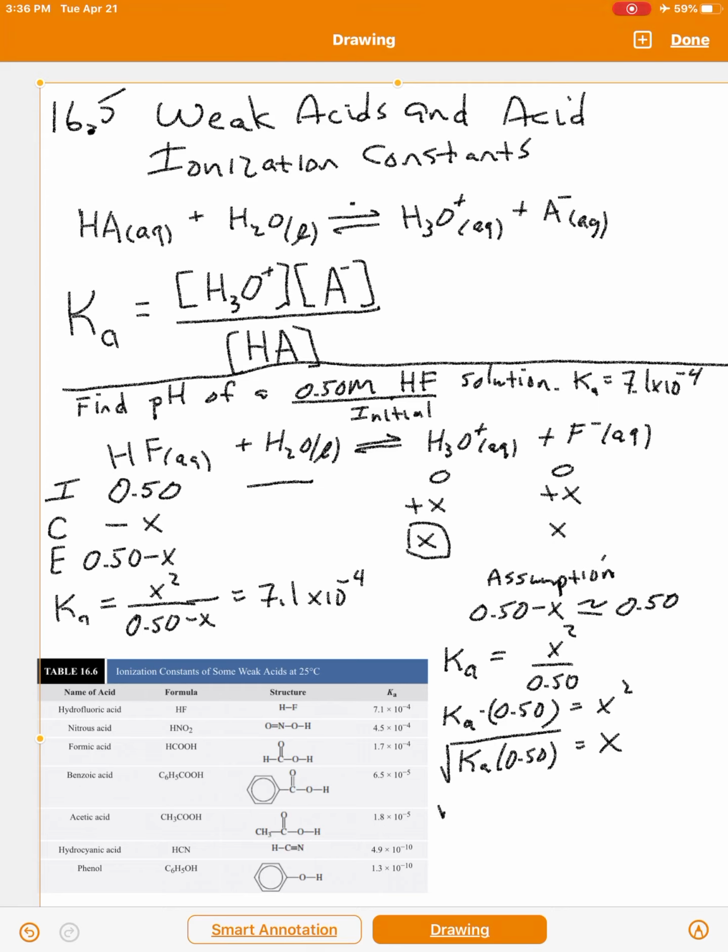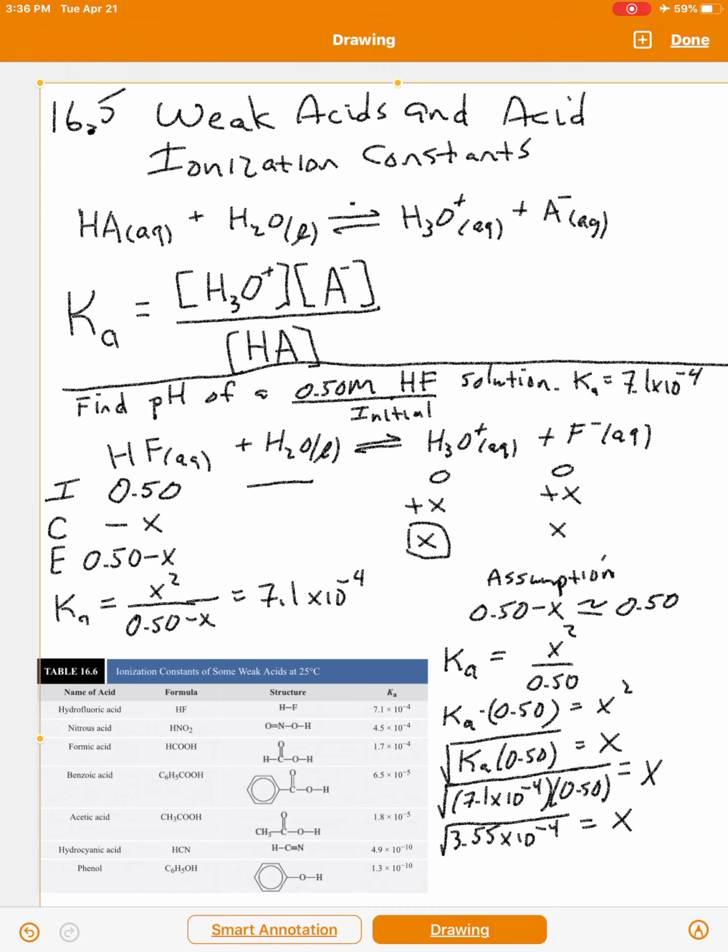That's just the square root of 7.1 times 10 to the minus 4 times 0.50. Well, that's the square root of 3.55 times 10 to the minus 4.